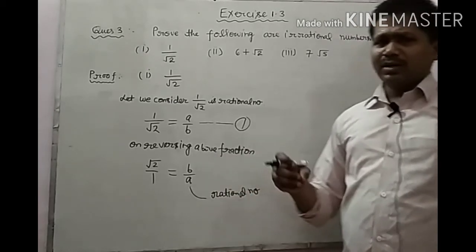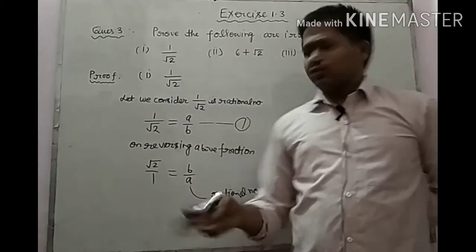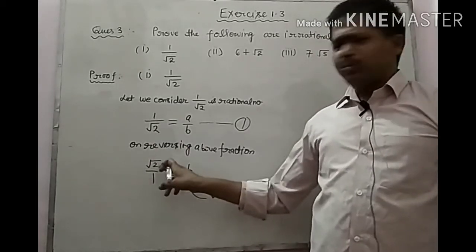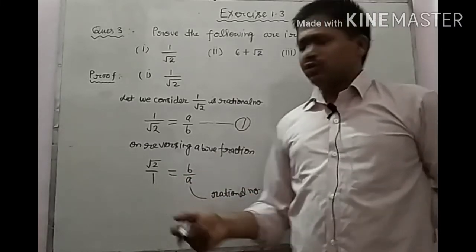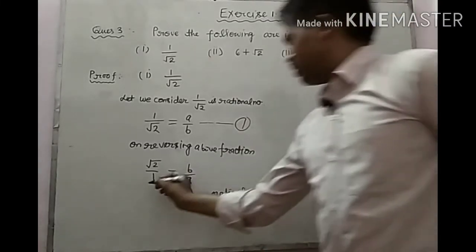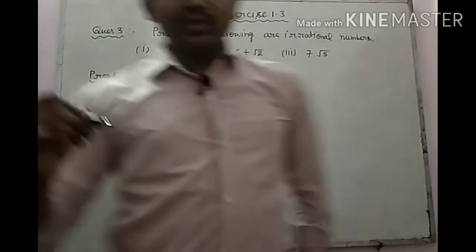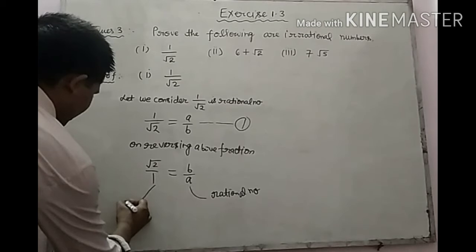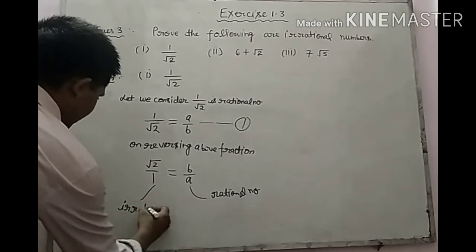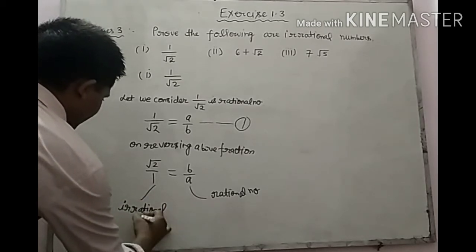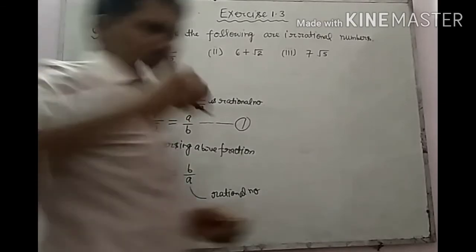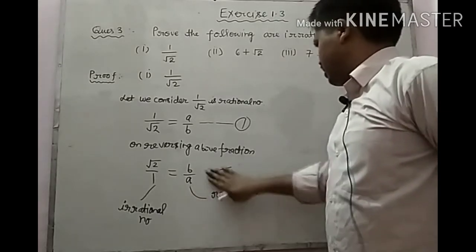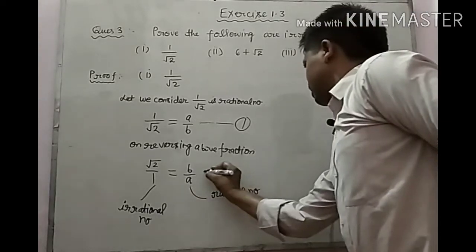So I am writing here root 2 is an irrational number. This is equation number 2.